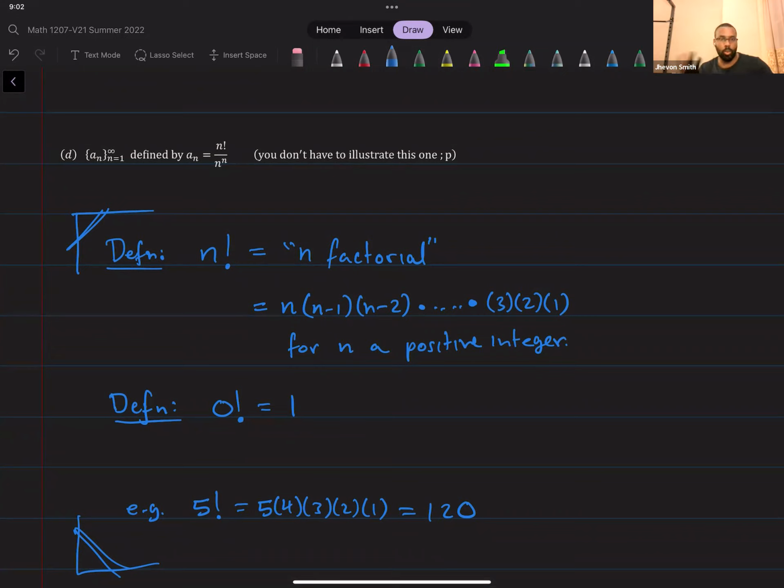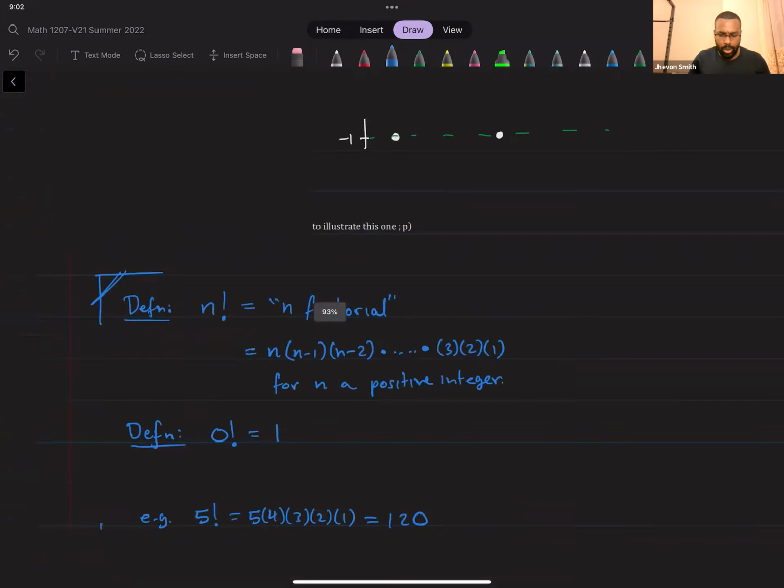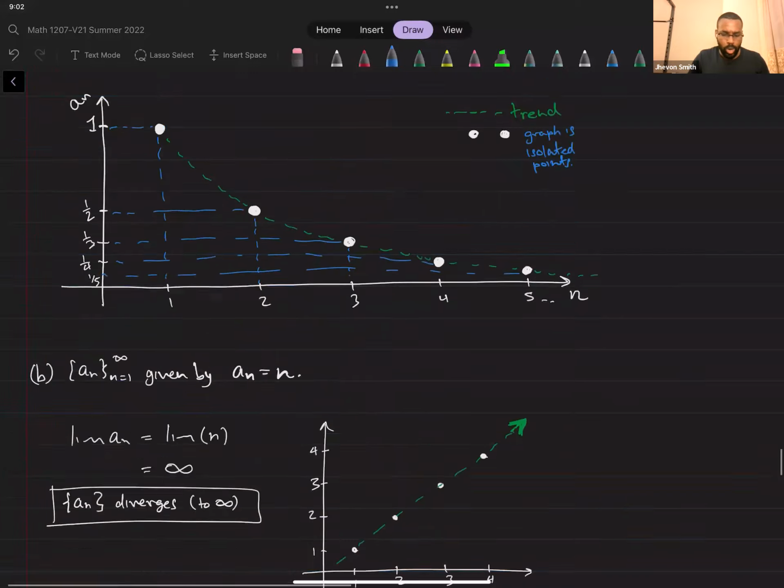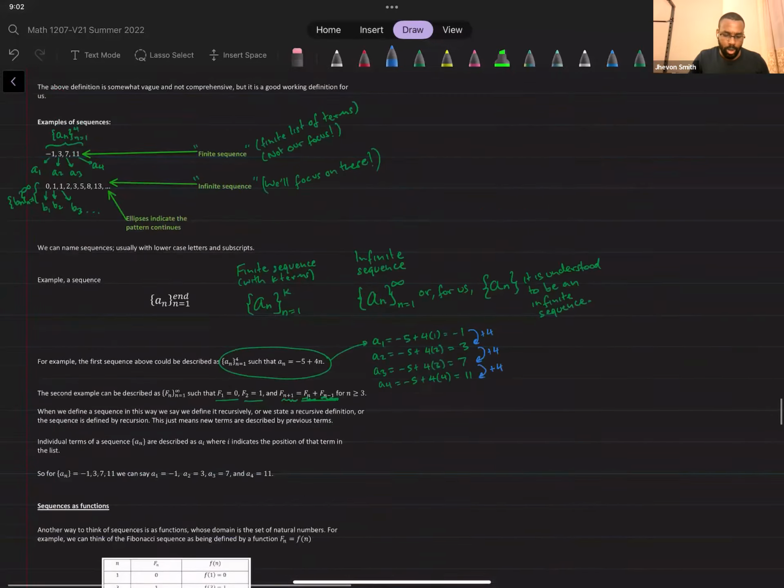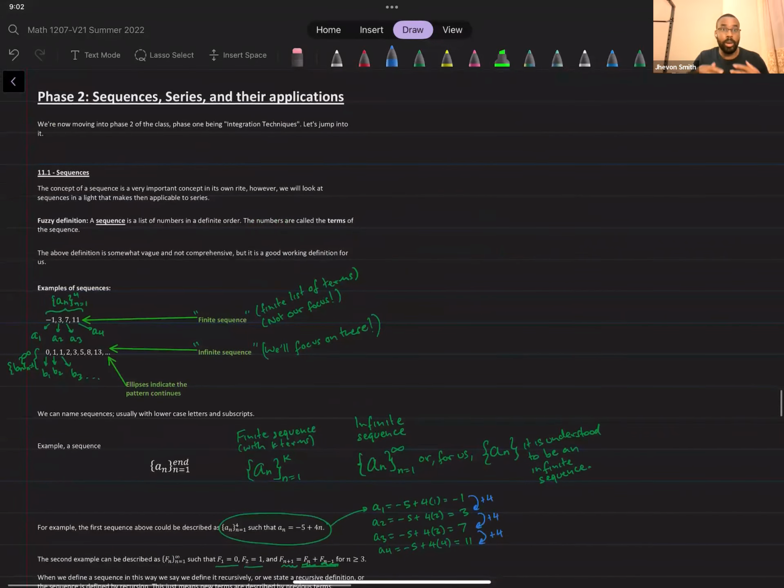But other than that, once you know these definitions, we can actually move on to bigger things. So there's actually a lot to talk about when it comes to sequences, but we're only covering enough of sequences to talk about series, because sequences are going to be very useful in discussing series. That being said, we will end here.